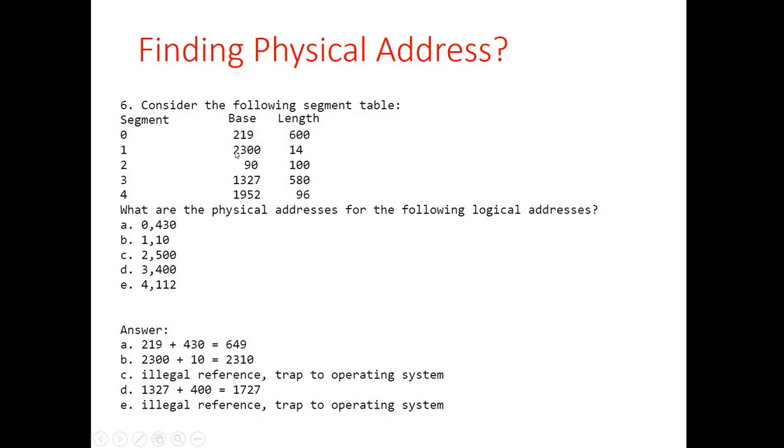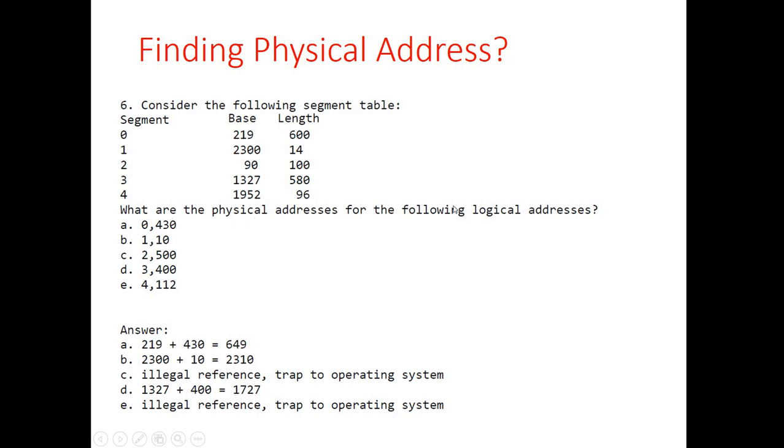Segment 1 is located from the address 2300 and its length is 14. Segment 2 is located from 90 and its length is 100. Segment 3 is starting from 1327 and its length is 580. Segment 4 is starting from the 1952 location and its length is 96.